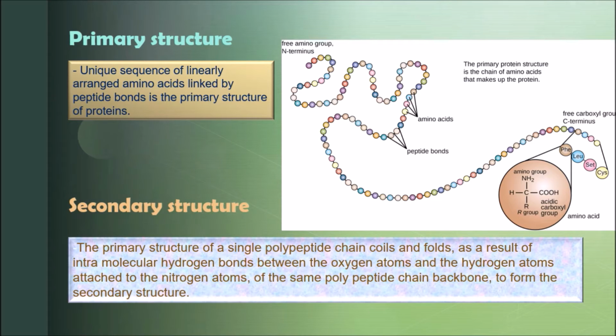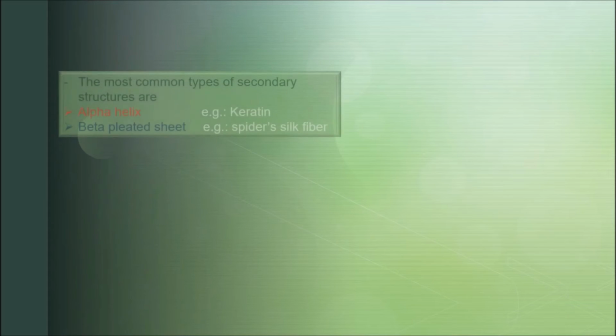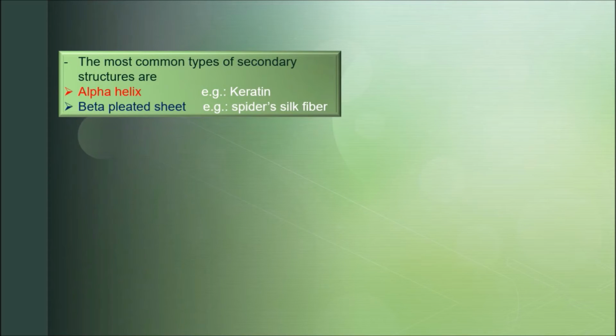Backbone is the polypeptide chain apart from the R group. The most common types of secondary structures are the alpha helix and the beta pleated sheet.